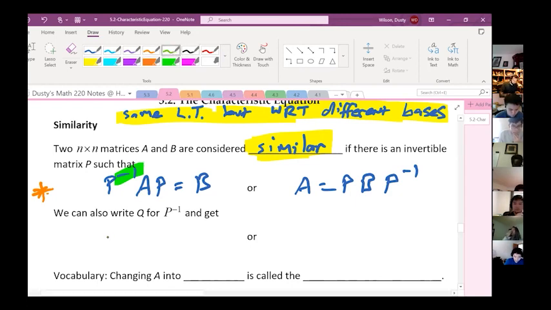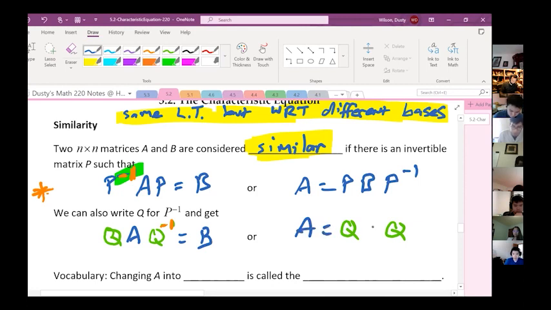So we could have had Q A Q inverse equals B. Notice here's the inverse on the front end, and here it's on the back end, or you could do it the other way. What's the relationship between P and Q here?